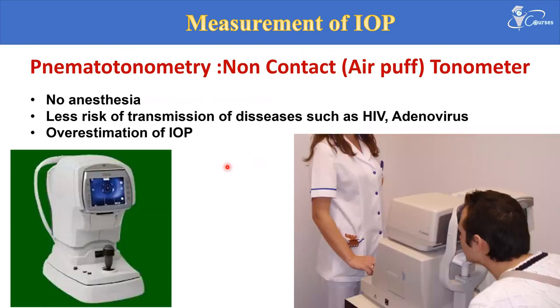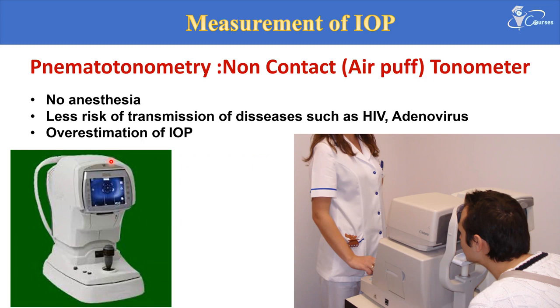Another way is called pneumatotonometry, or the non-contact, or the air puff tonometer. This is a device which looks more or less like the autoref, and it doesn't require anesthesia, because there is no contact with the patient's eye.